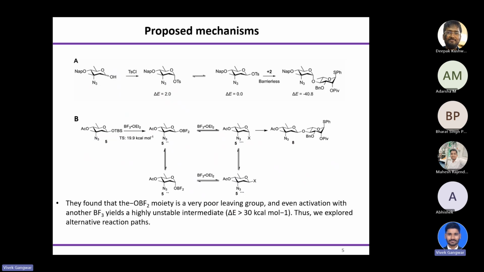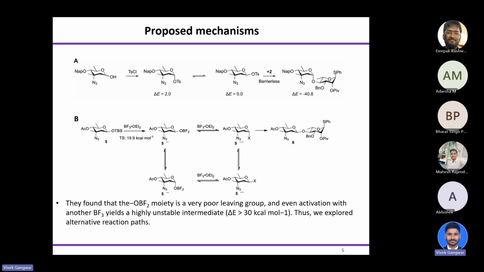And second, when they are using OTVS, they activate this using BF3, so they get the anomeric position BF2 protected, then this converts into 5, and this is very stable, meaning this is not easily removed.